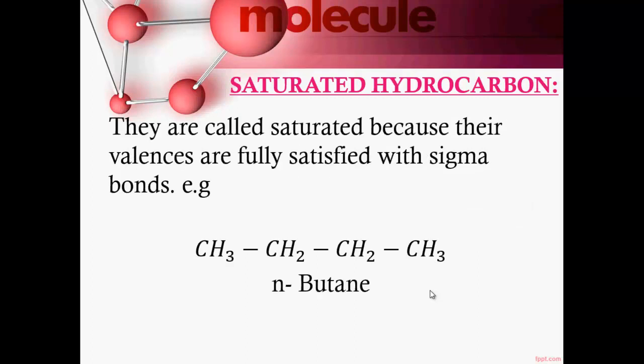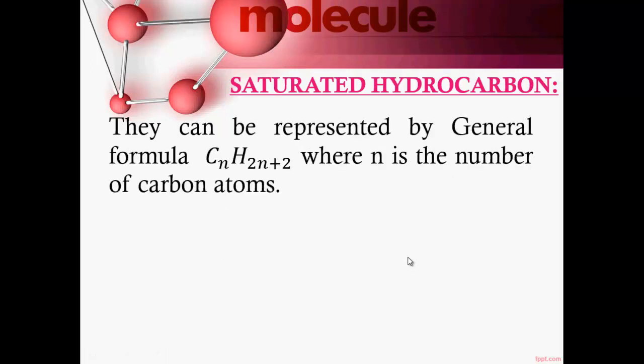They are called saturated because their valencies are fully satisfied with sigma bonds. For example, normal butane. Look, this is a straight chain and each carbon is having 4 links with other atoms. They can be represented by the general formula CnH2n+2, wherein n is the number of carbon atoms.